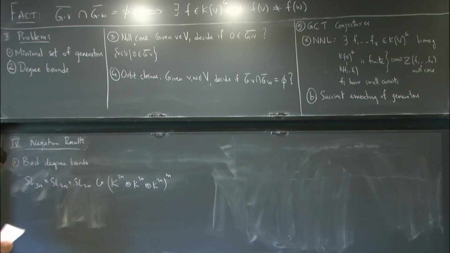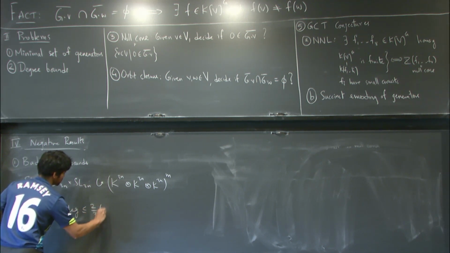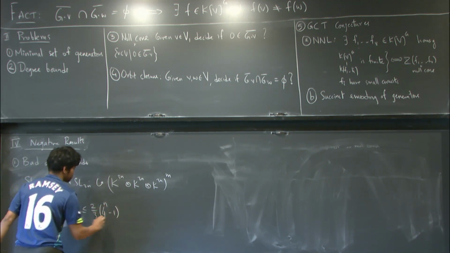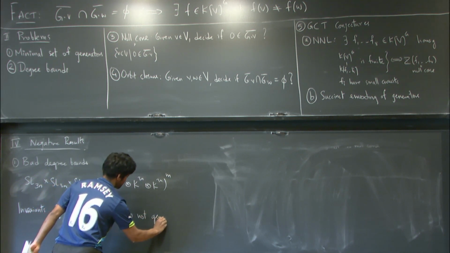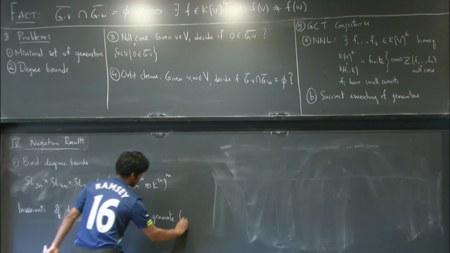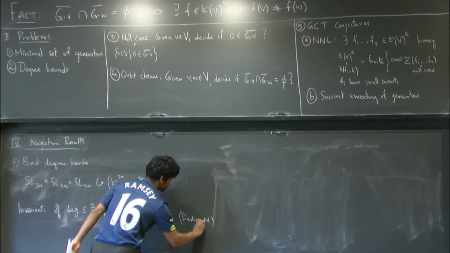And here's a sort of no-go result: invariants of degree less than or equal to 2/3 · 4^(n-1) do not generate. Again, this is a result of mine with my advisor Hans Bergson.